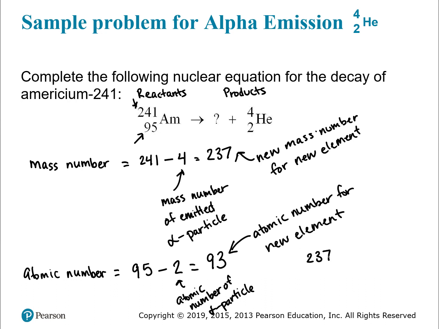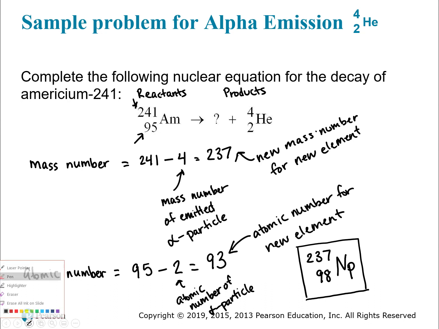Mass number up top, atomic number on the bottom. Then you look up the atomic number. So you go to your periodic table, you find the atomic number 93, and you write down the symbol associated with it. That is neptunium. So our answer is neptunium with the mass number of 237.